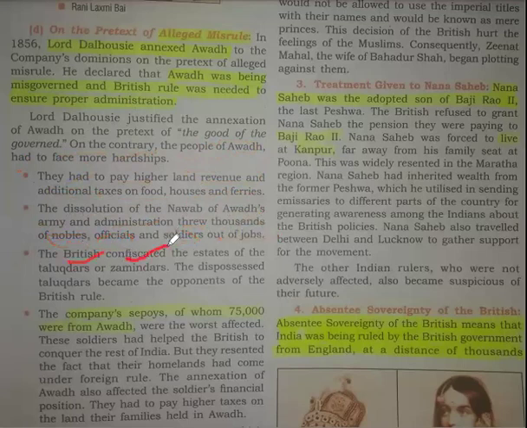The British confiscated the estates of the talukdars and zamindars. The dispossessed talukdars became opponents of British rule. The Company's sepoys, of whom 75,000 were from Awadh, were worst affected.